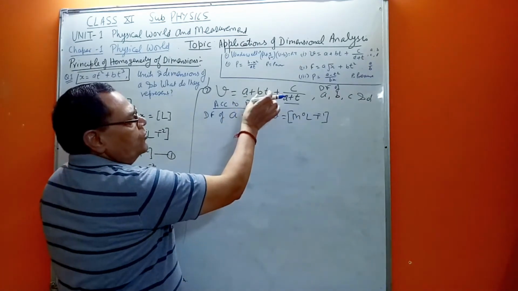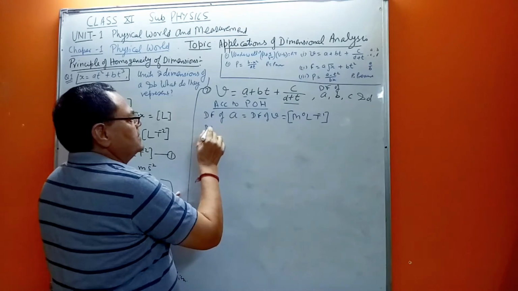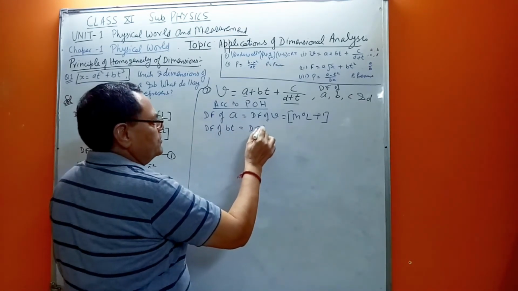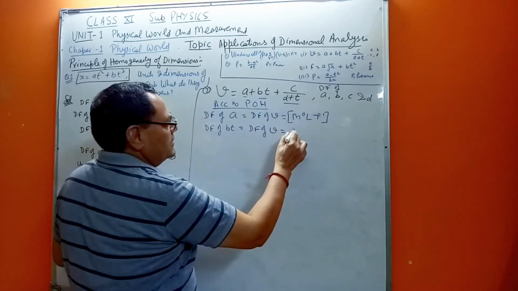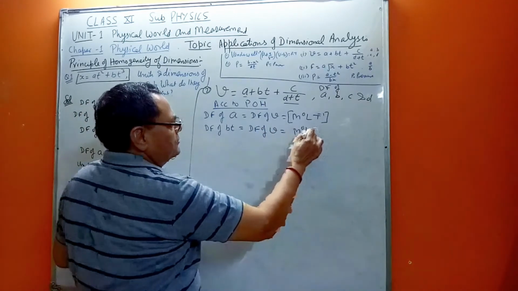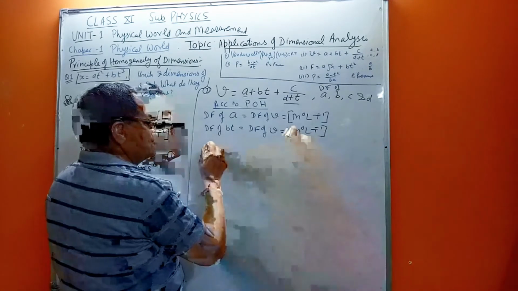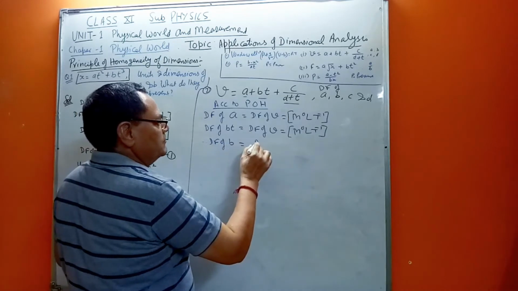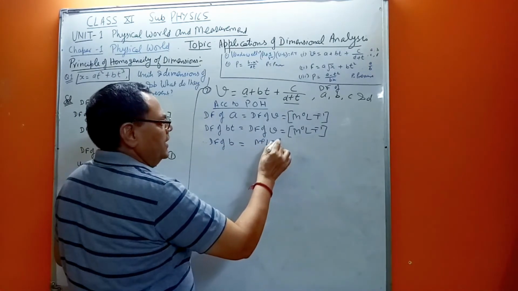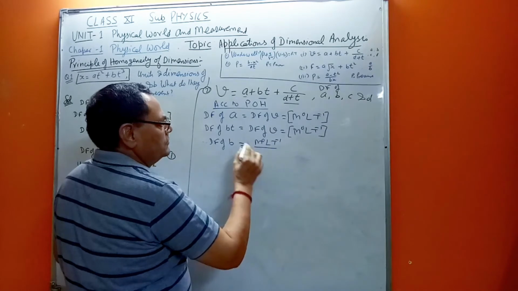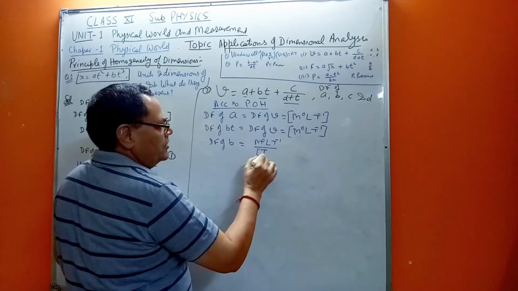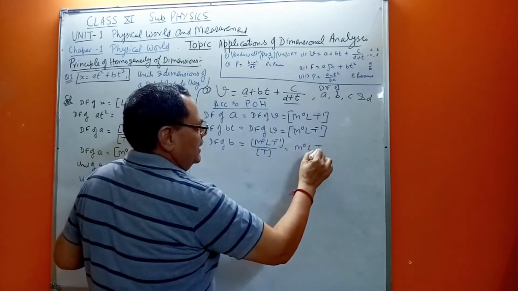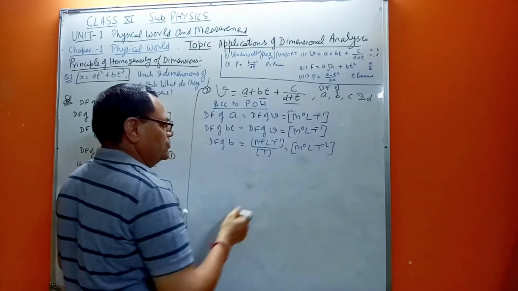Now we can equate the second one, that is the dimensional formula of bt is equal to the dimensional formula of v, that is M^0 L T^-1. Therefore the dimensional formula of the constant b will be nothing but M^0 L T^-1 upon T, so this will be M^0 L T^-2.